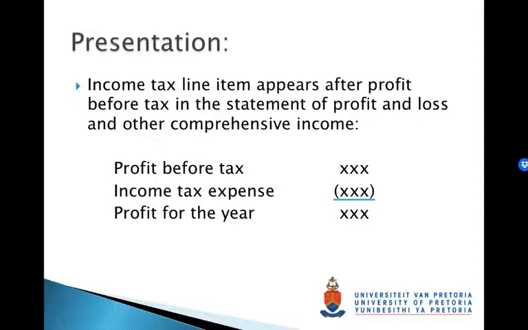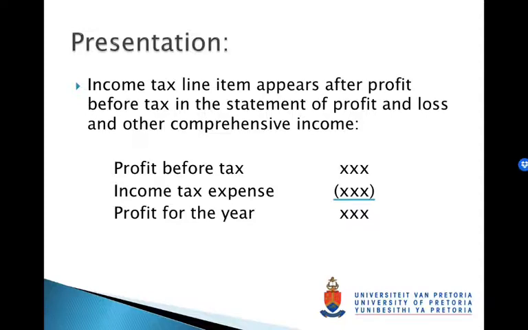And then the presentation. The income tax line item appears after profit before tax in the statement of profit and loss and other comprehensive income. As you can see, the income tax expense is subtracted off profit before tax to get your profit for the year.